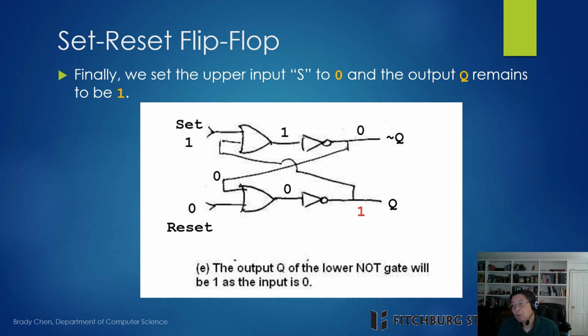So we know once we set the upper input S to 1, this eventually changed the output Q to be 1. Okay. Now, after this, we need to set the set input value from 1 back to 0.